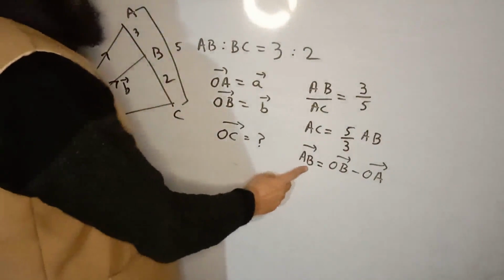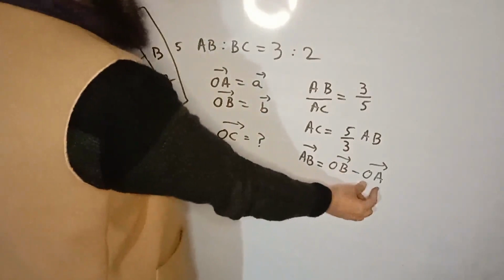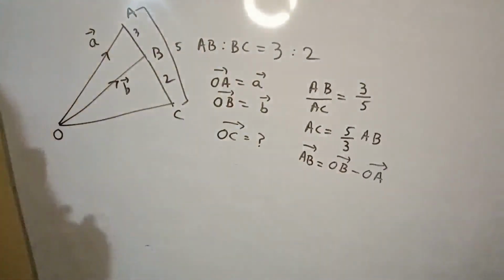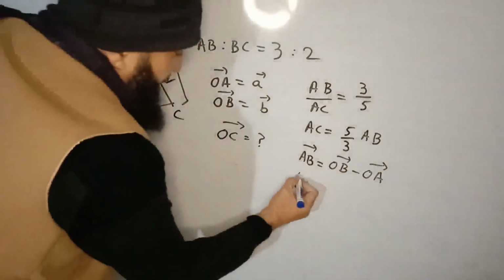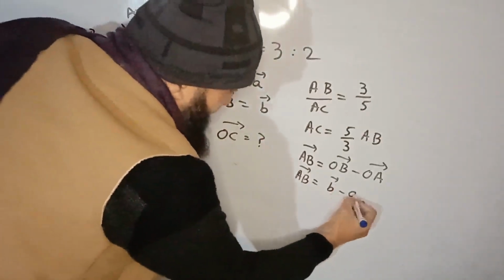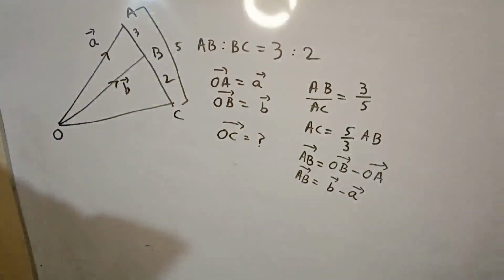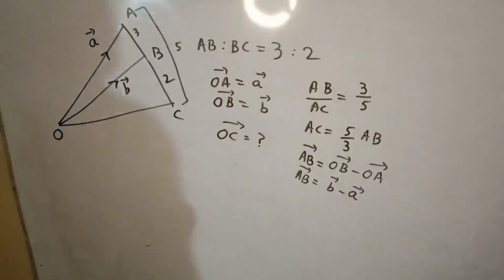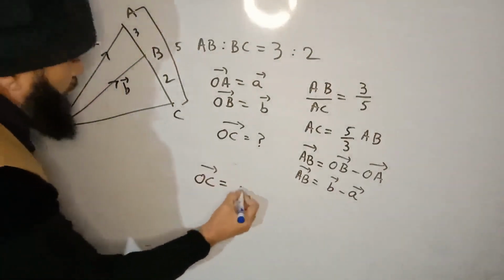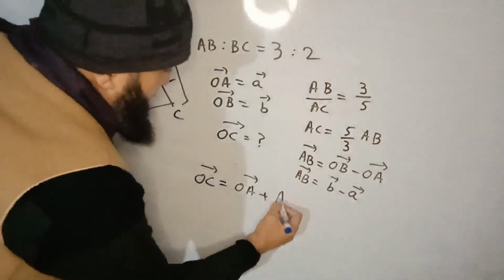When you have to find AB, then it is the position vector of B minus the position vector of A. OB is the position vector of B and OA is the position vector of A. So AB will be equal to B minus A, because OB is B and OA is A. Now what is OC? OC is equal to OA plus AC.